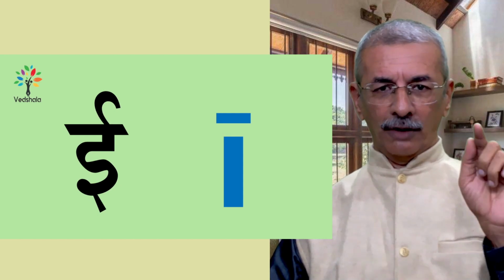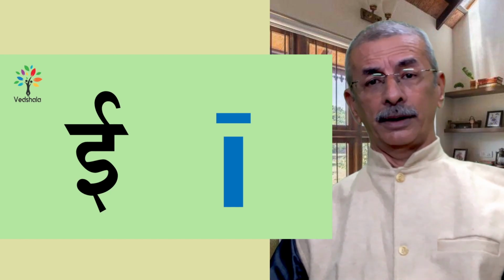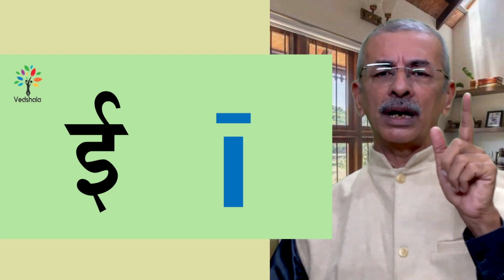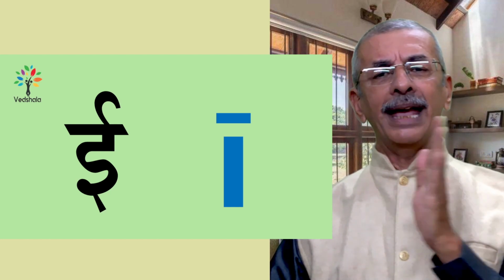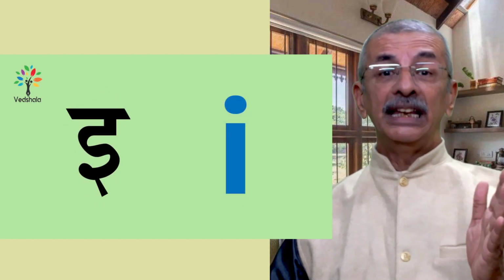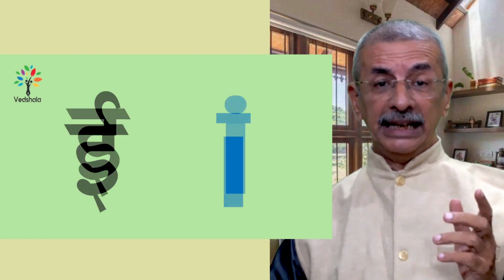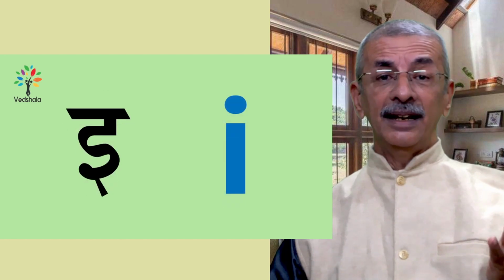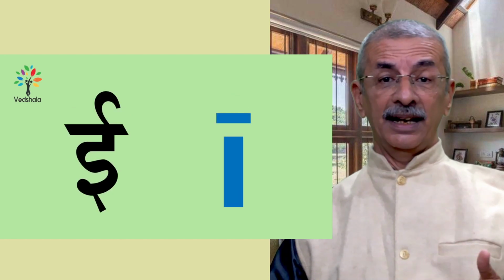Now here you see the dot has disappeared, and instead of the dot there is an overline over the alphabet. So whenever you find an overline, that means the sound has to be extended a bit. Am I clear?